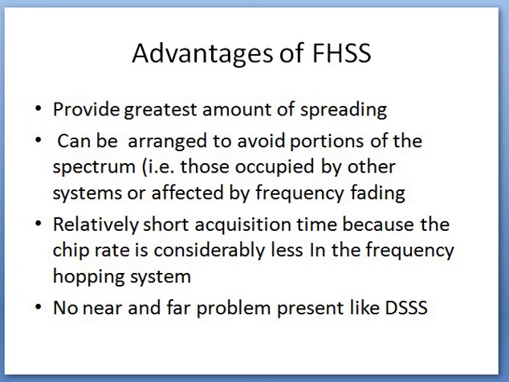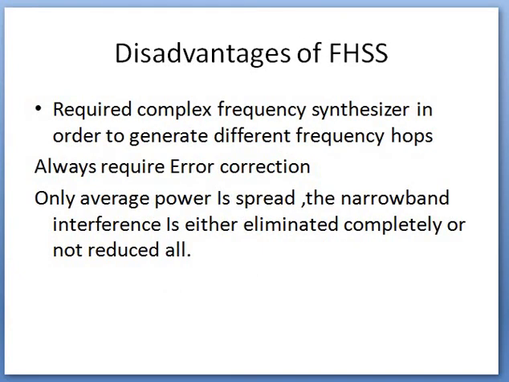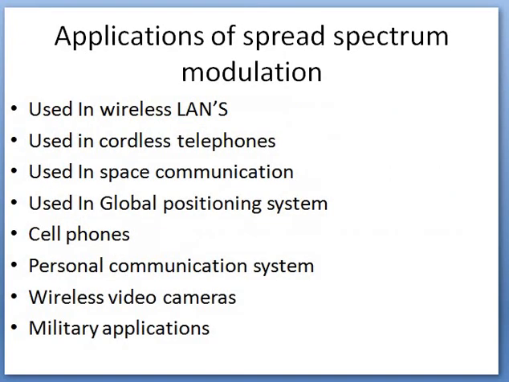There is no near-far problem in FHSS. Some disadvantages are also mentioned. It requires a complex frequency synthesizer in order to generate frequency hops. It always requires error correction. Since only average power is spread, narrowband interference is either eliminated completely or partially.